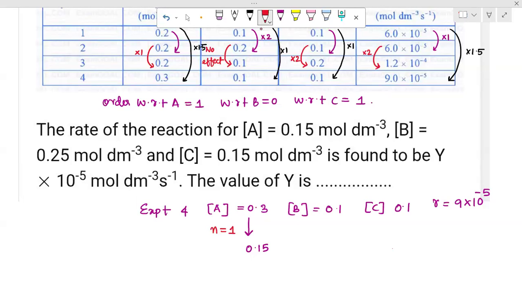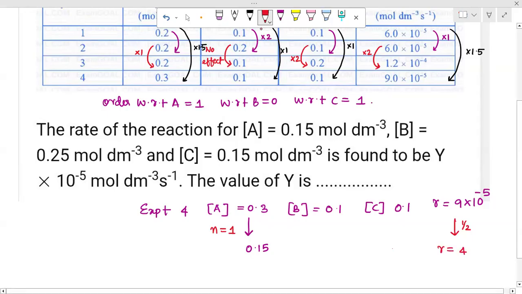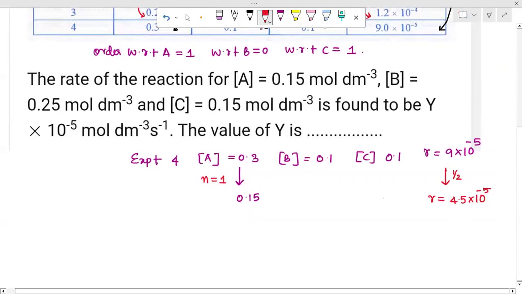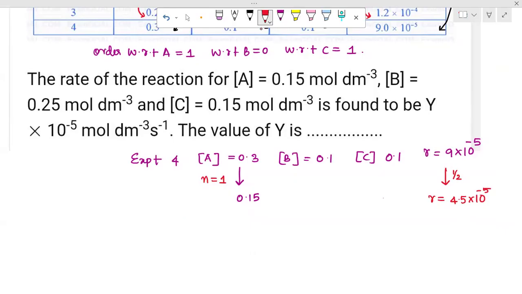You're making it exactly half. And being a first order reaction, your rate will also be reduced by half. So your new rate is going to be 4.5 into 10 to the power minus 5. That is the effect caused when you change your concentration of A from 0.3 to 0.15. I just took experiment 4. You can take any experiment, you're going to get the same answer.